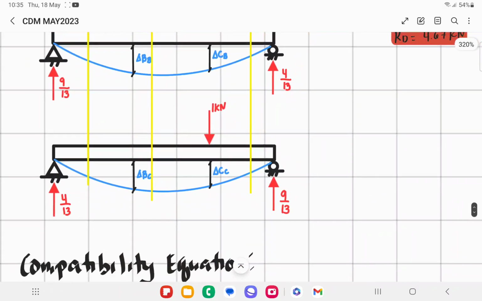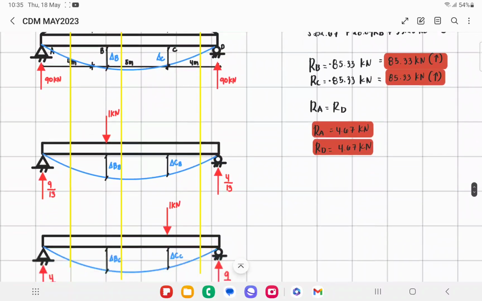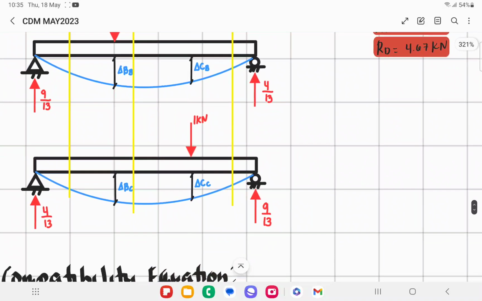Next, since we have two redundant reactions, we have to create two virtual systems for our problem. This is the main system or primary structure, and then we have two virtual systems due to the two redundant supports.